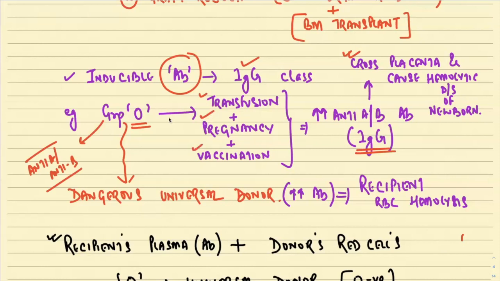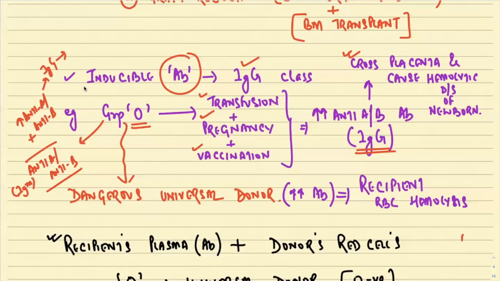Something stimulated them. So in addition to the naturally occurring IgM antibody, this individual synthesized more anti-A and more anti-B. And this excess amount that was synthesized was of IgG class. This can cross the placenta and cause hemolytic disease of the newborn.